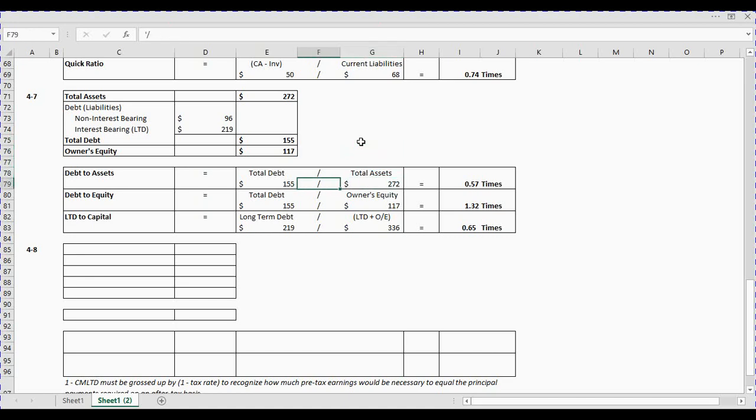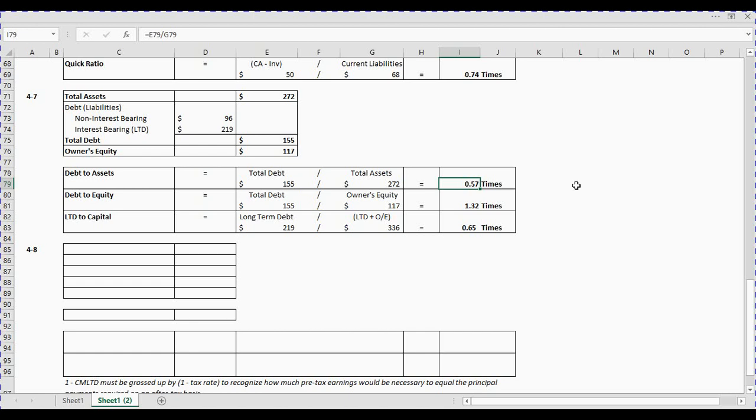And so debt to assets: how much of our assets is supported by debt. 0.57, you could say 57% of my assets are supported by debt, or that debt covers assets 0.57 times, either way you want to look at it.